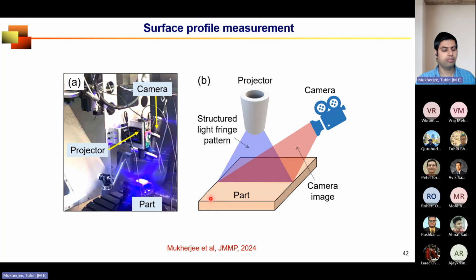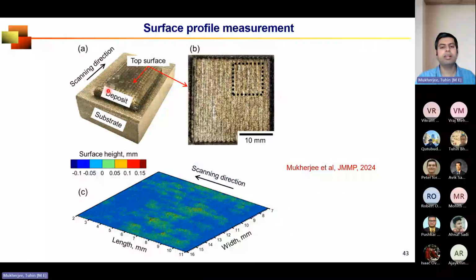So what we did, we calculated those 3 factors, and then we have this surface profile measurement equipment where we use structured light scanning to be able to get the surface topography in 3D of printed surface. So if let's say this is the deposited surface, the top surface, you do scanning and you get the surface roughness profile.